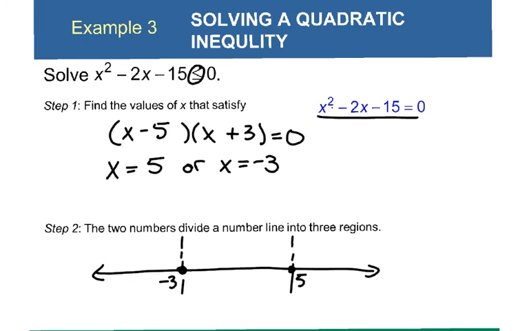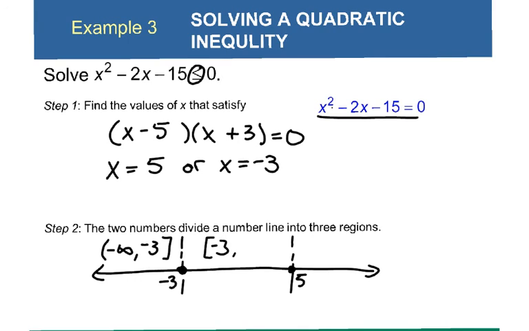So everything less than -3 in interval notation is -infinity to -3. And then we need to actually put a bracket on this because of our greater than or less than or equal to symbol. And then same thing on this in between -3 and 5.